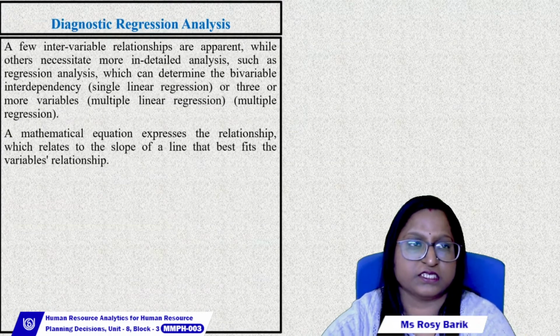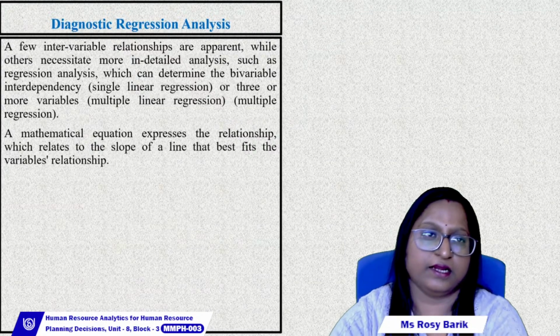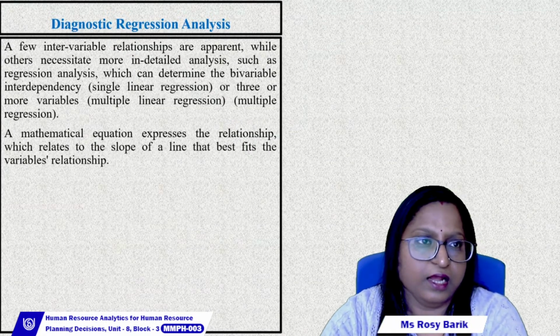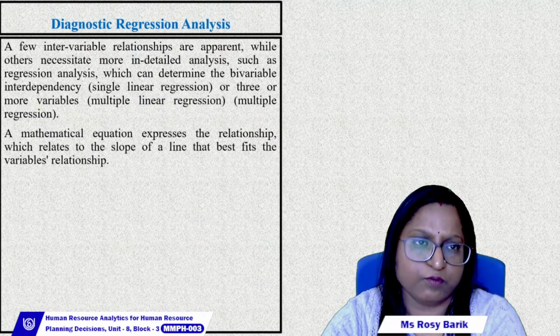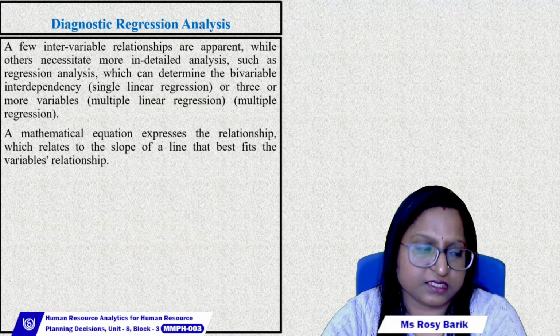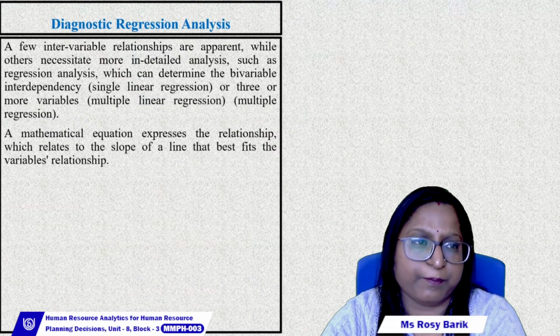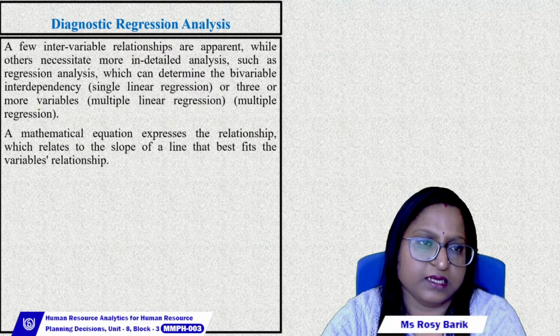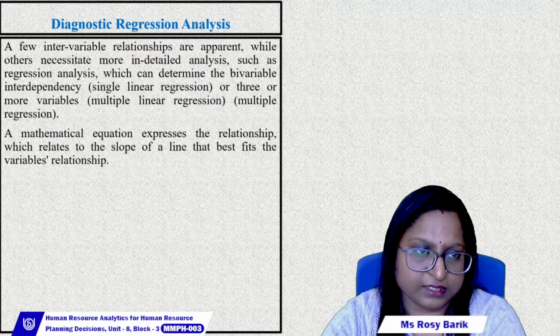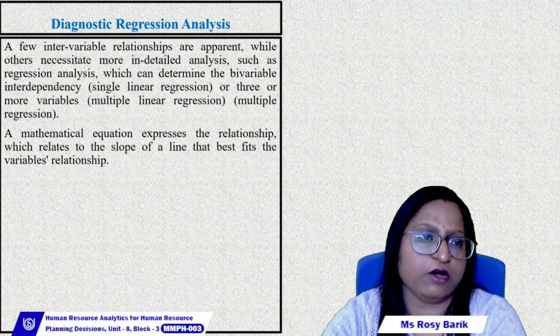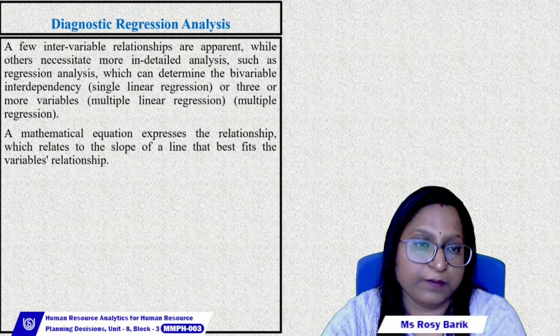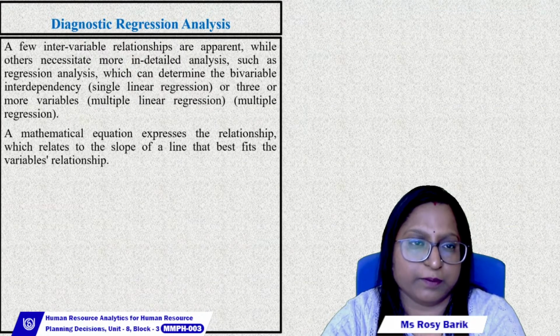Now we'll be discussing diagnostic regression analysis. A few intervariable relationships are apparent, while others necessitate more detailed analysis, such as regression analysis, which can determine bivariable interdependency, that is single linear regression, and three or more variables, that is multiple linear regression or multiple regression.